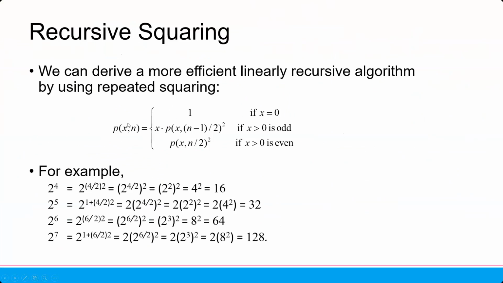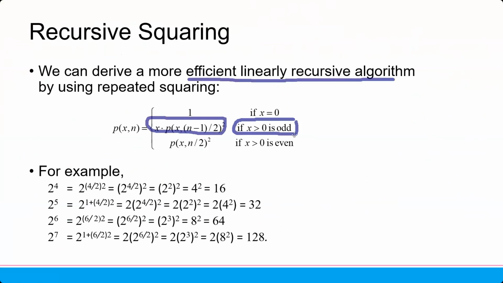There might be a more efficient way than the linear recursive algorithm. If n is odd, we can use this function, and if n is even, you can use this function.